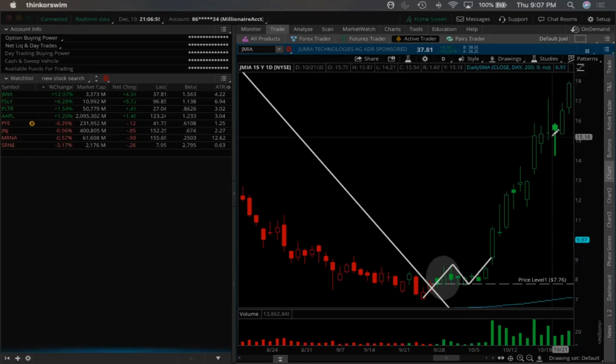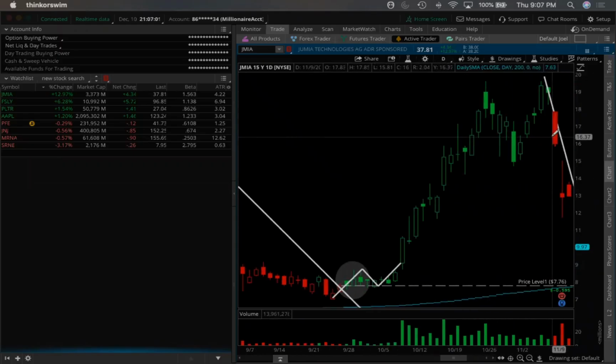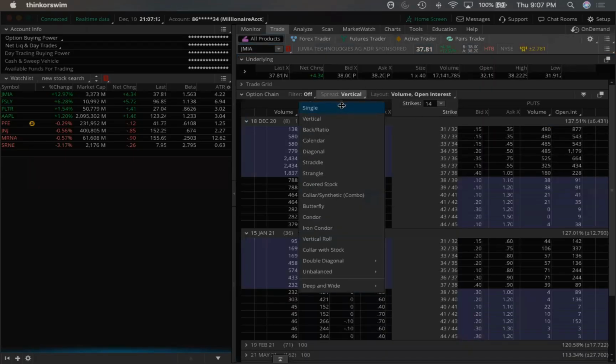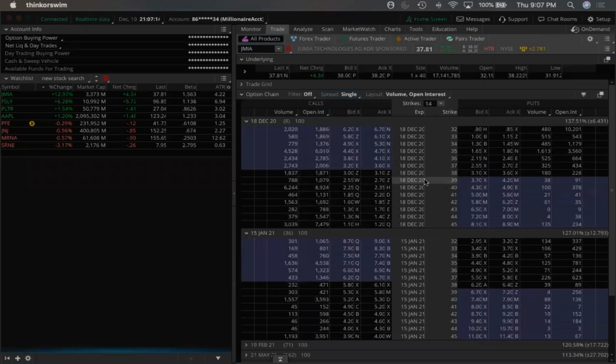Okay. You could have bought that $8 strike. So let's say we were looking at the $8 strike from November. That $8 strike. I'm going to show y'all how much that option was. I don't even see $8 on here. That's crazy.